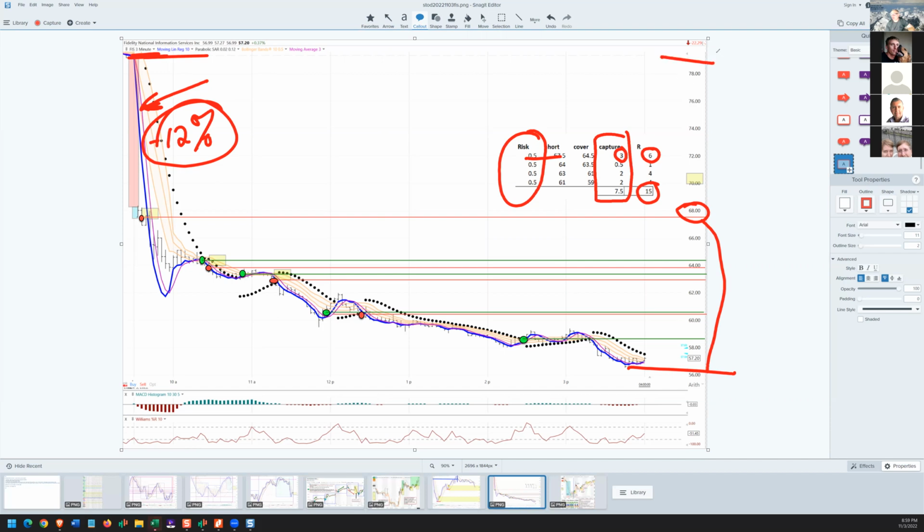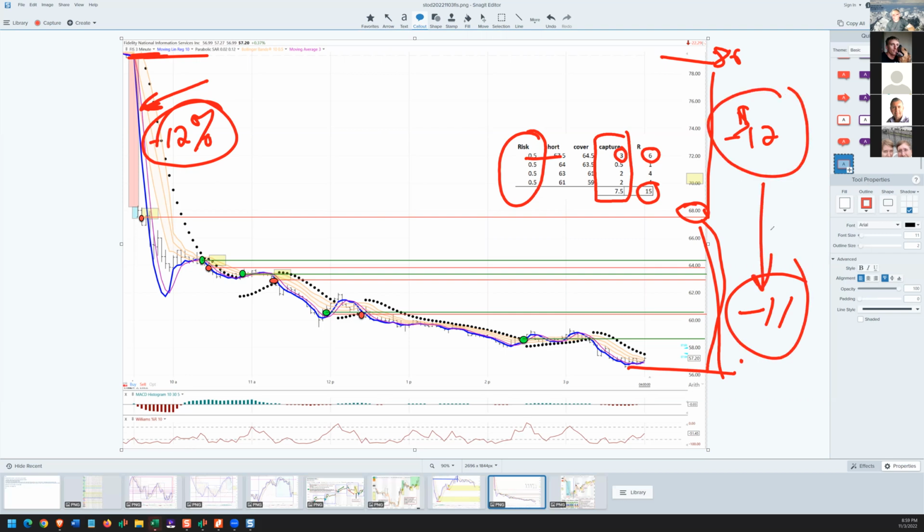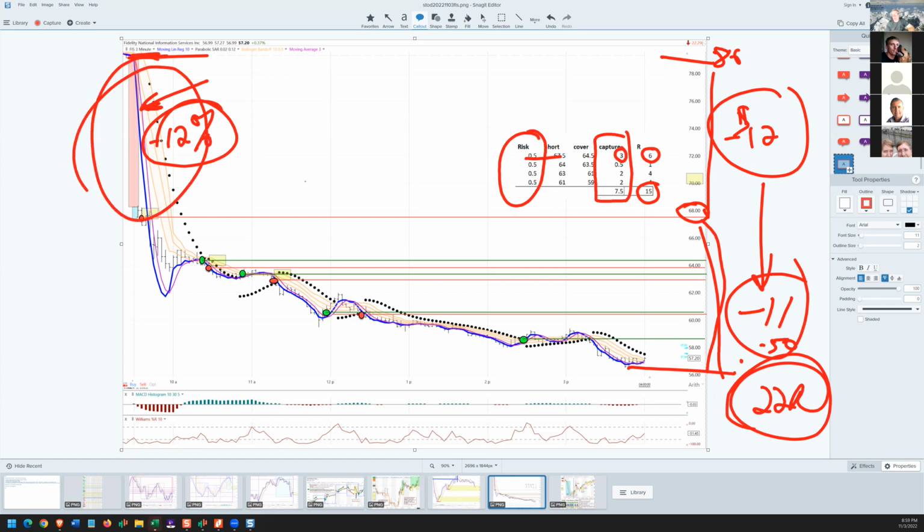So it started yesterday at 79 or 80, dropped to 68, so that's minus 12 bucks. And then from 68 it closed at 57. So that's another 11 bucks. So as large as the gap was, there was another $11 failure. At a 50-cent risk, if you were perfect, there's a 22R trade just waiting to happen.